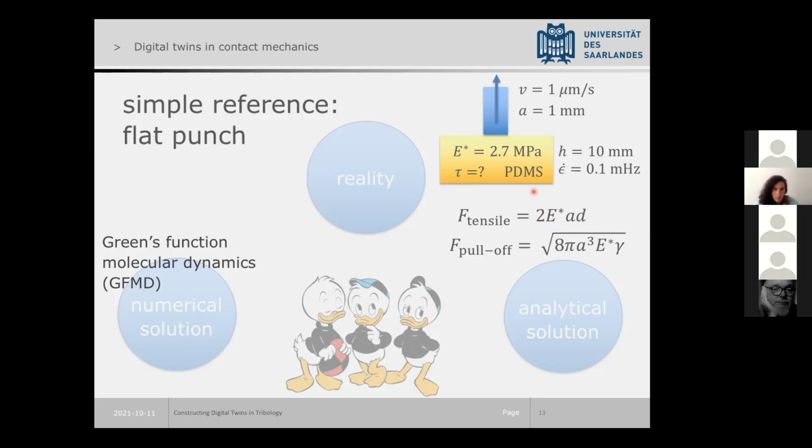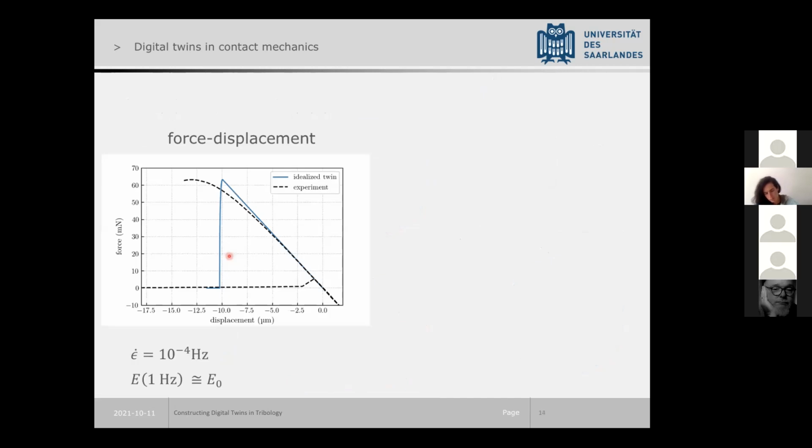And then we can run our favorite boundary value method, which is Green's function molecular dynamics, where you basically only have to simulate the top layer, but you get the full elastic response from the bulk. And so when we compared the force displacement relation, we would see that, yes, of course, we can reproduce the slope.